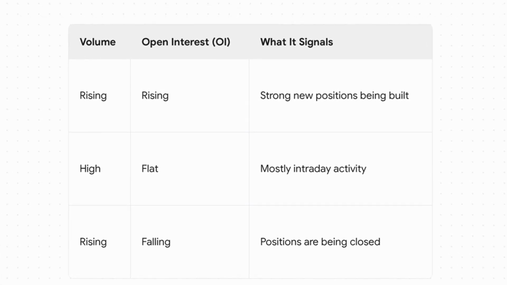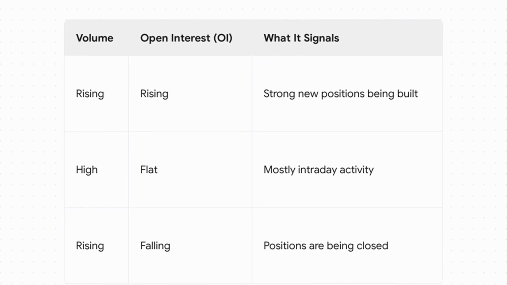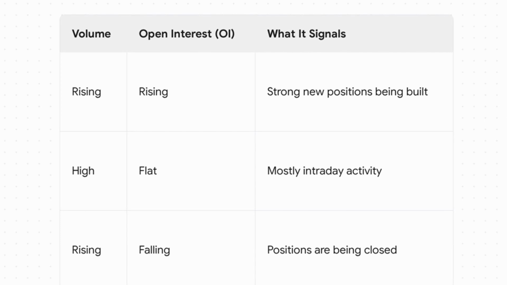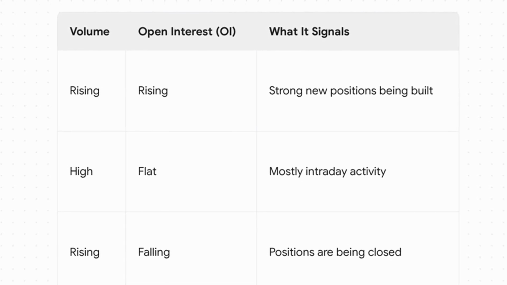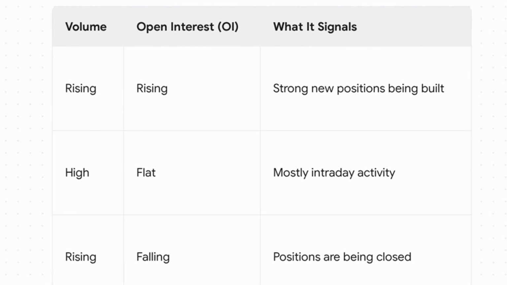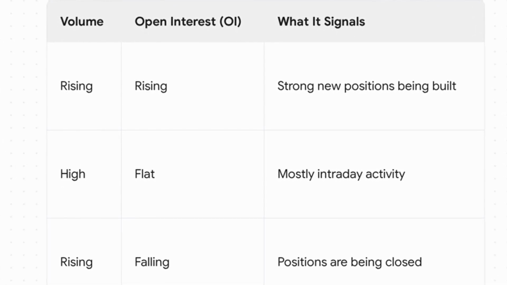Scenario 2, volume is high, but open interest is flat. That's usually just noise, day traders passing contracts back and forth. But scenario 3 is the big one. Volume is high, but open interest is falling. That's a rush for the exits. That tells you people are closing out their old positions in a hurry. You see? When you combine these two, the market noise suddenly starts to tell a very clear story.